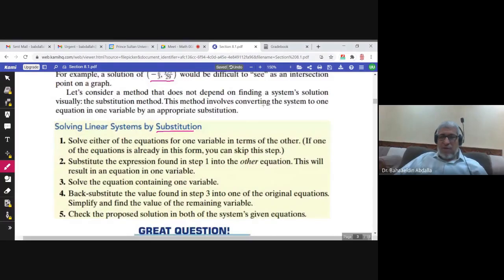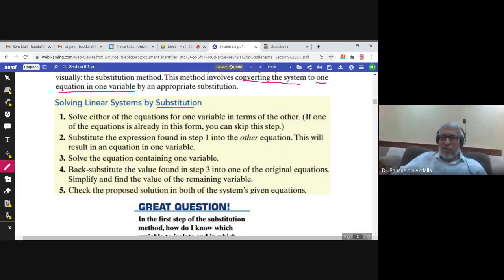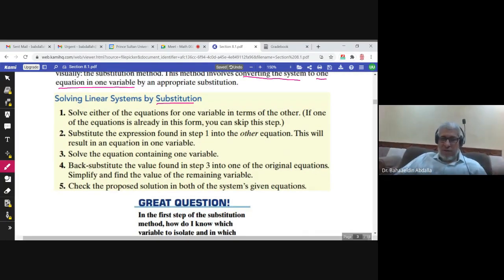In this method, we convert the system. What do we have in the system? We have two equations. We convert the two equations to one equation in one variable. So instead of two equations with two variables, we have one equation in one variable. We solve this equation and find the value of x or y, then we find the value of the other variable.